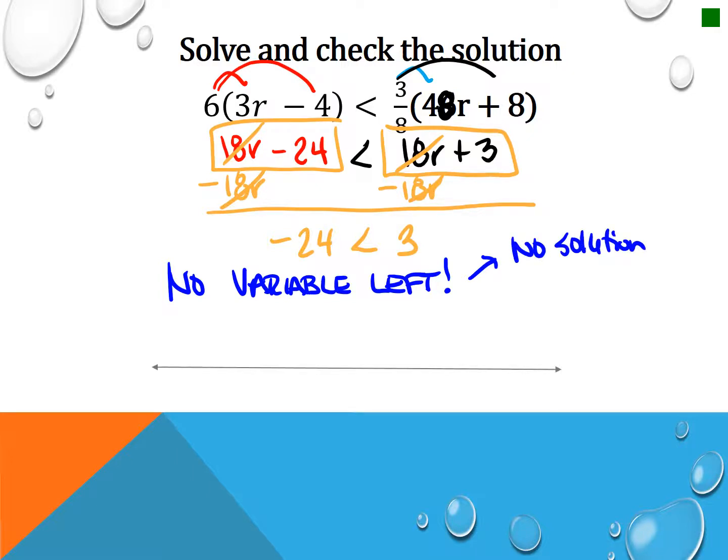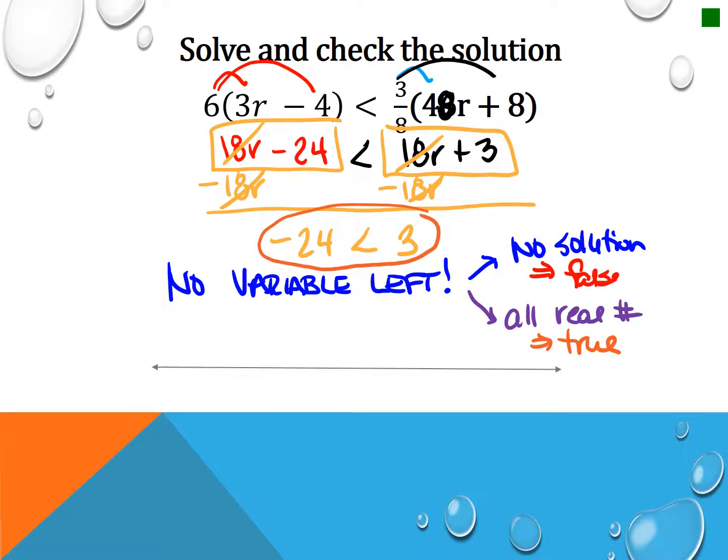My answer is going to be no solution if what I have is false, and my answer is going to be all real numbers if what I have is true.